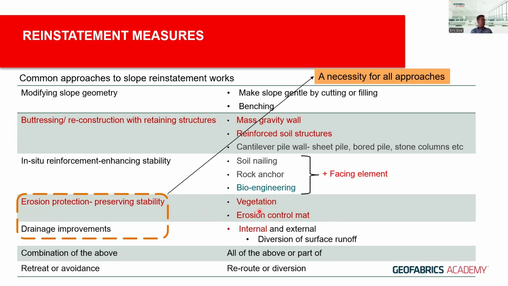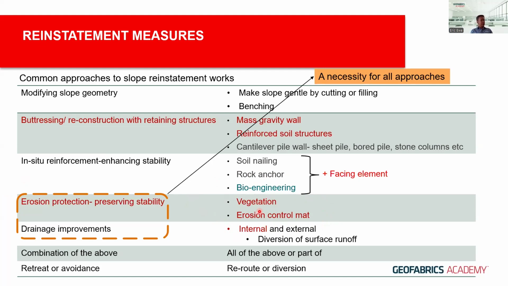Drainage, likewise: we have internal drainage products and swale drain lining products, but we don't have time to talk about them. But these two are a must in terms of forming the strategies for reinstatement of a slip or landslide.